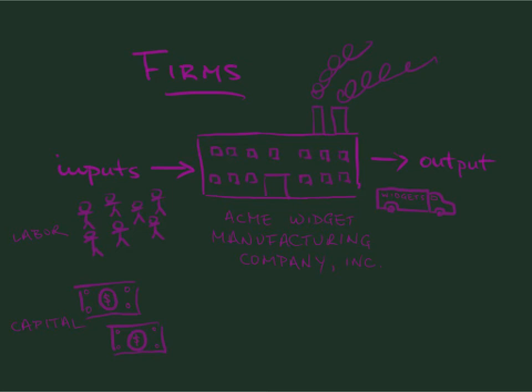So economists think of things like the physical building as capital, the machinery inside the building as capital, even the knowledge or information technology that the firm uses, those are forms of capital. And maybe it's important to think of labor and capital as the two primary inputs into production. Typically, the people who provide the capital are the business owners, and they are entitled to the profits of the firm.